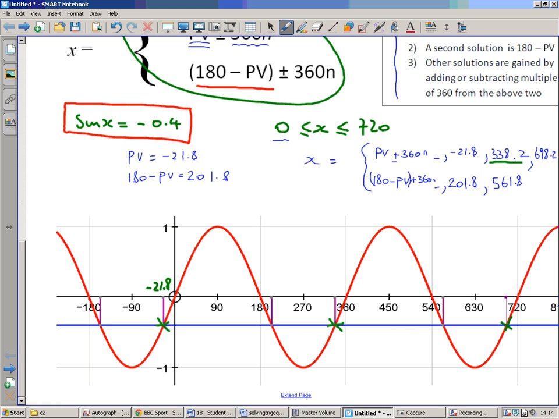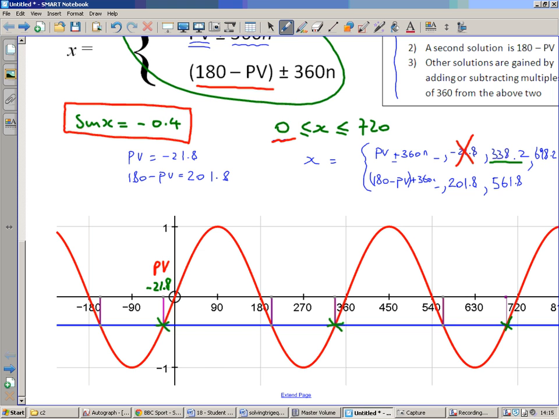And in fact, in this particular case, the principal value is not a solution that we needed to offer in our final answer. You wouldn't lose marks for writing it down, but it's not actually needed because we don't want any negative solutions, and our principal value, the thing that the graph gives us, is negative.